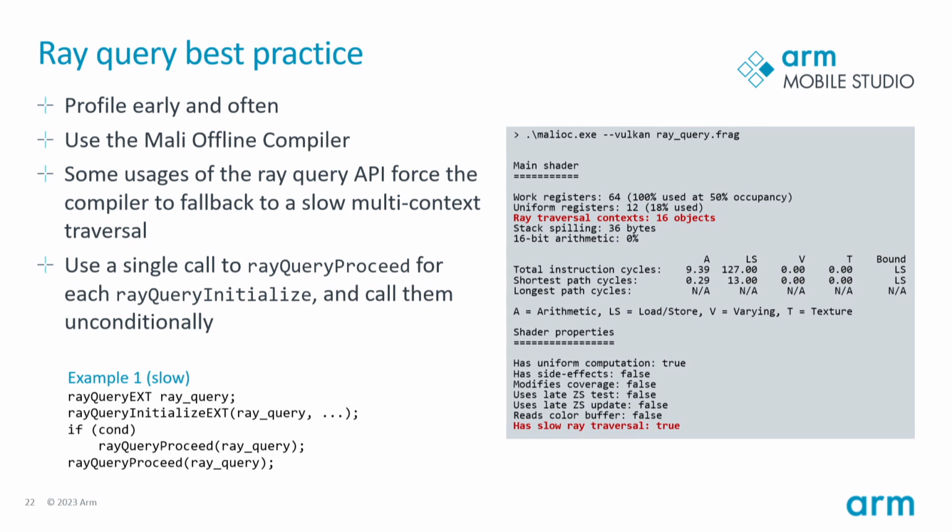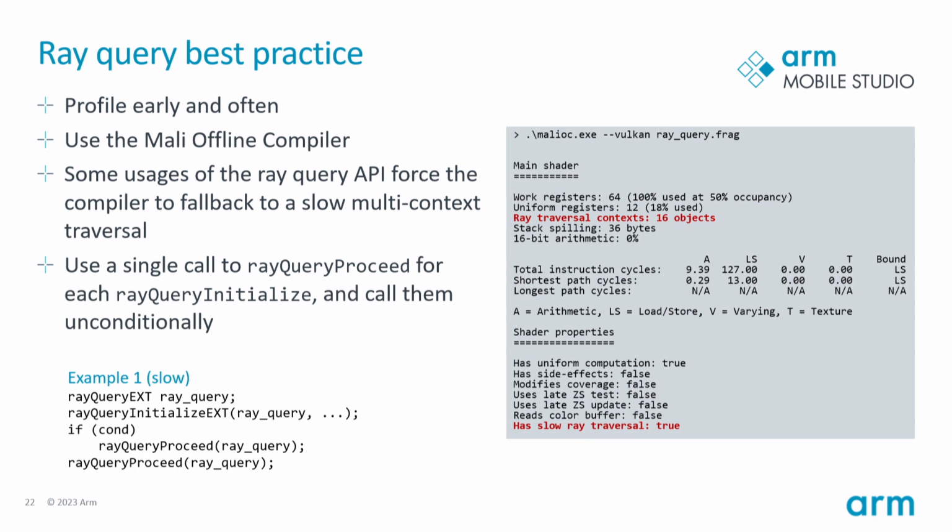All you need to do is to run the offline shader compiler executable on your shader, and you will produce a report like the screen shows, with details that can help you to find the bottlenecks and optimize your shader code.